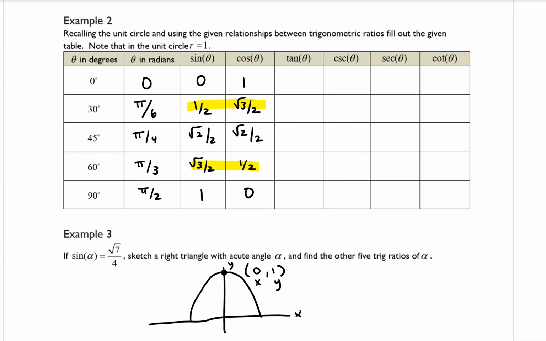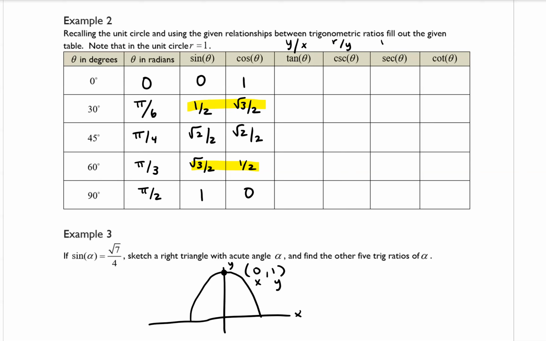So I'm going to go ahead and fill in the definitions from the xy plane perspective for tangent, cosecant, secant, and cotangent on the top. So tangent, recall, was y over x. Cosecant was r over y.